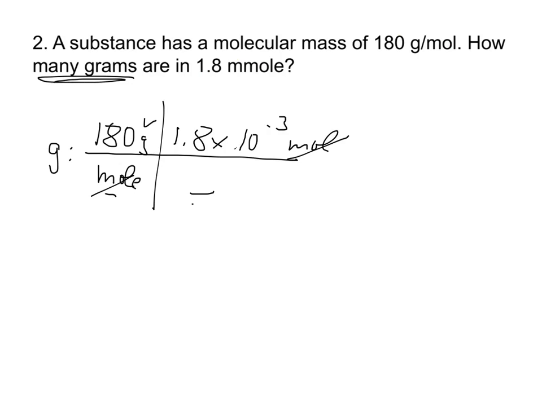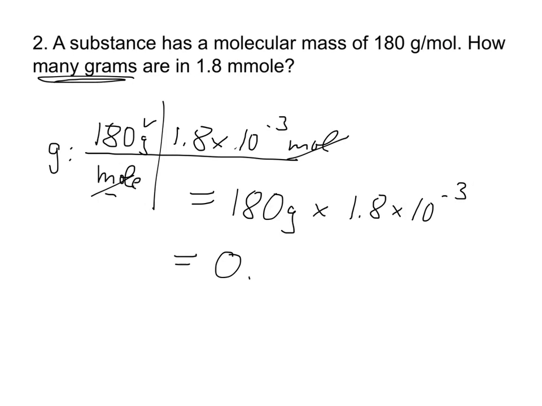And what we have got left is 180 grams times 1.8 times 10 to the minus 3. If we put that in the calculator, we get 0.324, and the unit was grams.